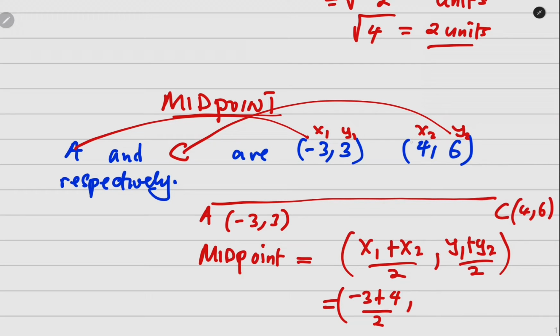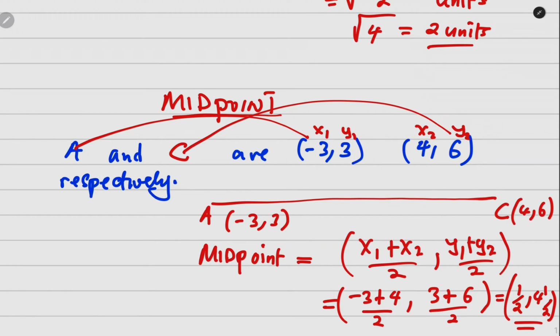Then comma, y1 is 3 plus 6, then divided 2. So now what are we going to do here to find the coordinates for the midpoint? Here you are just going to remain with a 1 over 2, and this is going to be 9 divide 2. So 9 divide 2 is just 4 and 1 over 2. This one is the midpoint.